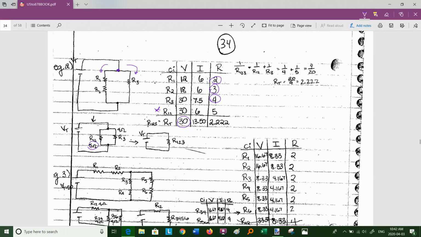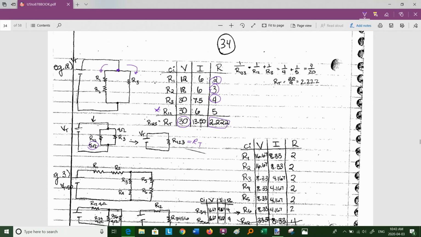So R123, which is the final resistance, our total, is 2.222. Once you get that, then I can get the total current, V over R, so 30 over 2.222, and I get 13.5 amps.